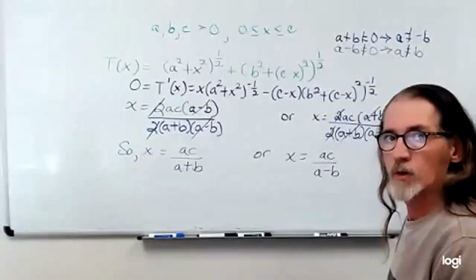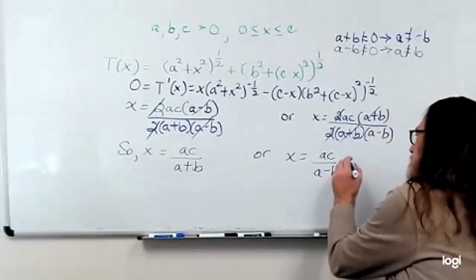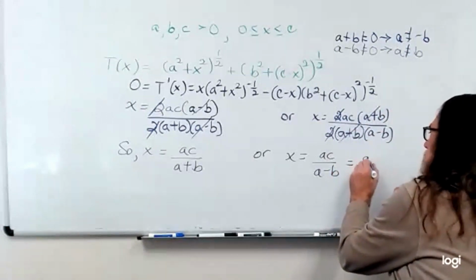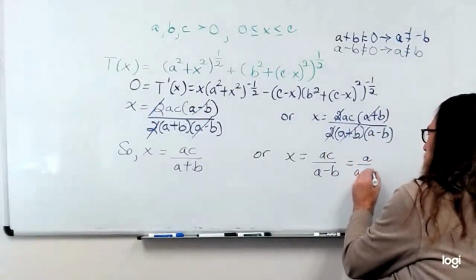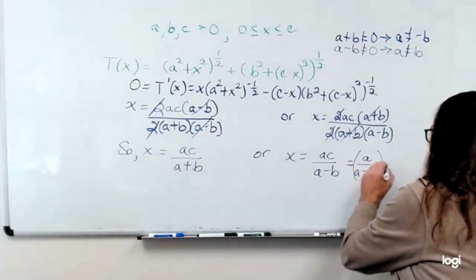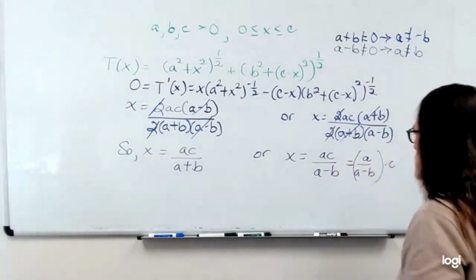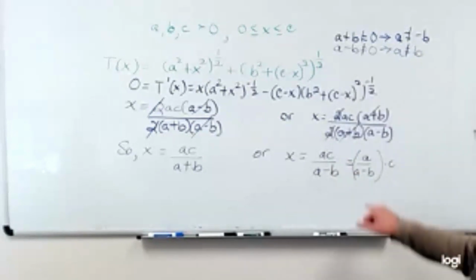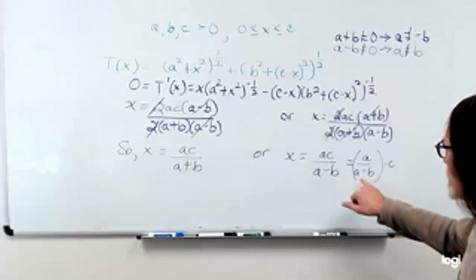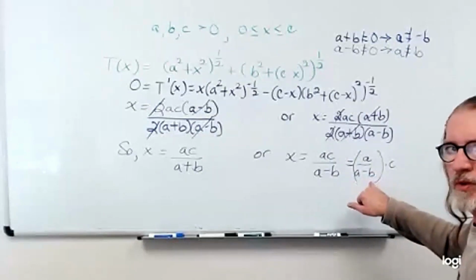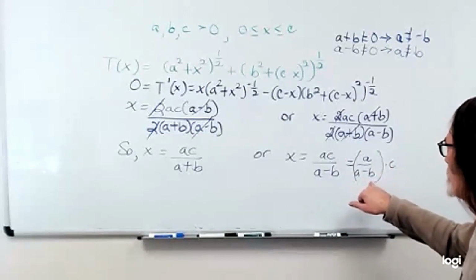The second one is a problem, because if we rewrite that fraction, since b is positive, a minus b will be smaller than a.